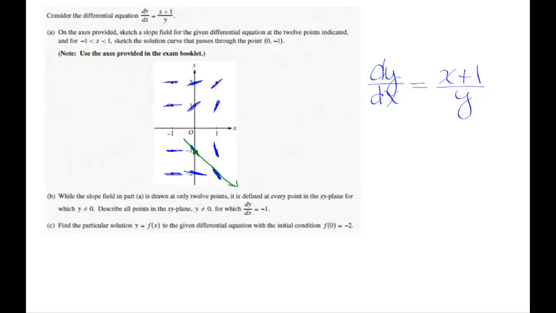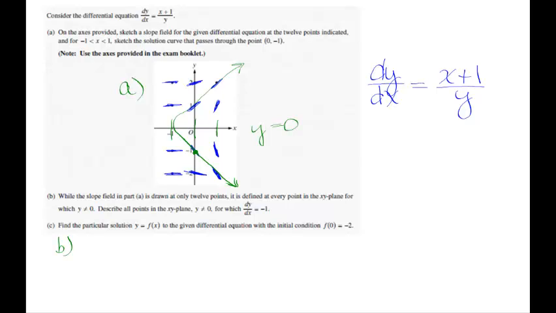It will help us to realize that anytime y equals 0, we're going to have vertical tangent lines. So I recognize that I'm going to come off of this slope, and this one's going to turn me around and head me back in that direction. So there is a solution curve that passes through the point 0, -1. And there is all of my work for part A.